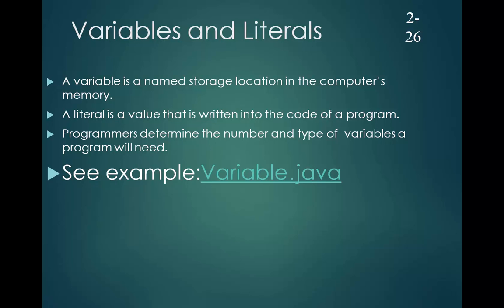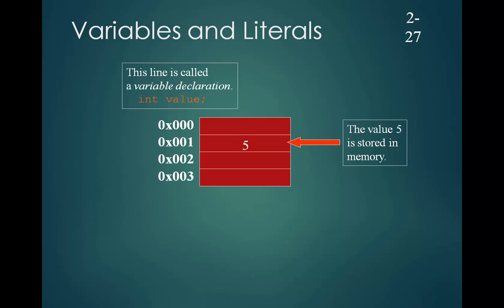A literal is different from a variable because it is literally the value that we'll be working with. So we'll see some examples of that soon. And these are all created by the programmer. And you can look in the book at variable.java for a program that's an example of that.